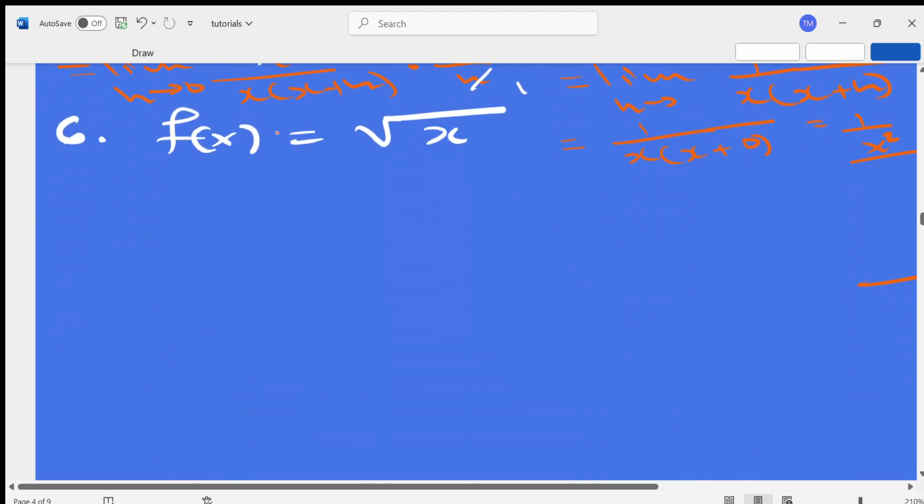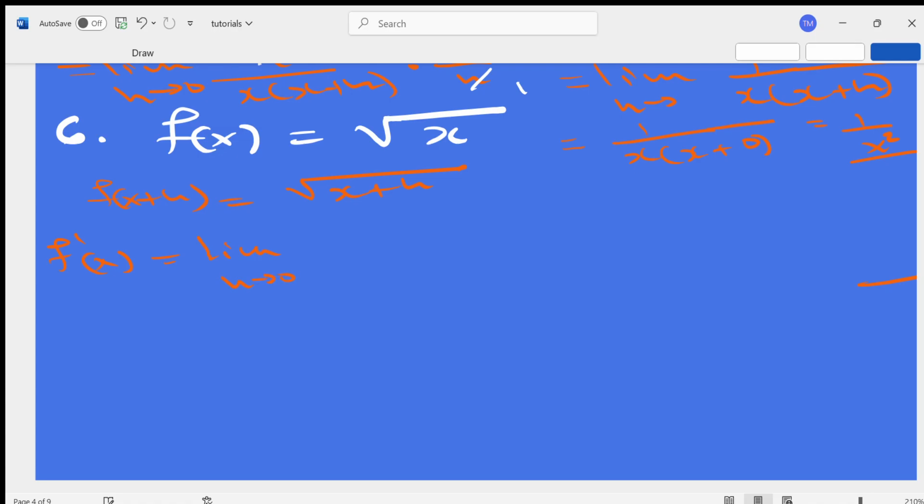So f of x plus h, for number c, is going to be root x plus h. As for the limit, f prime of x is equal to the limit as h goes to 0 of root x plus h minus root x, all over h.